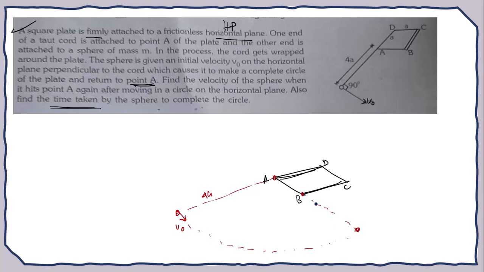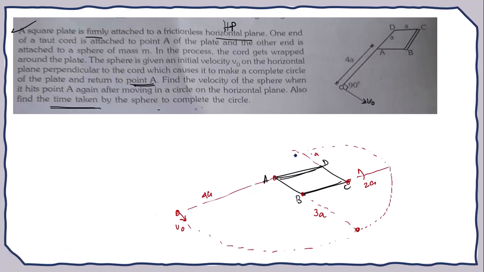Now from point B onward, with the radius of 3a, it will perform another circle like this. From point C, it will stop, and again it will rotate in this direction with the radius of now 2a. Going down to that particular point where the radius becomes 2a, from here onward it will perform another circular motion where the radius is a.